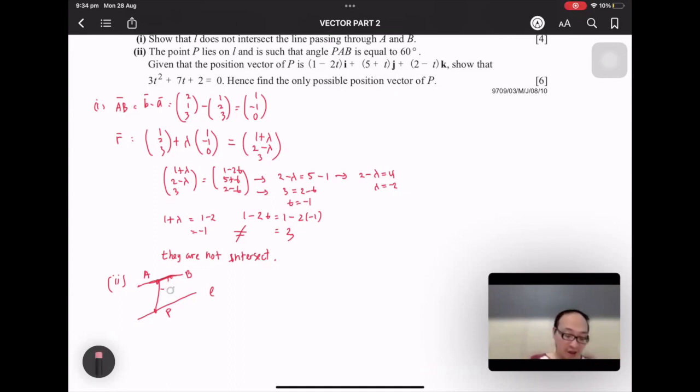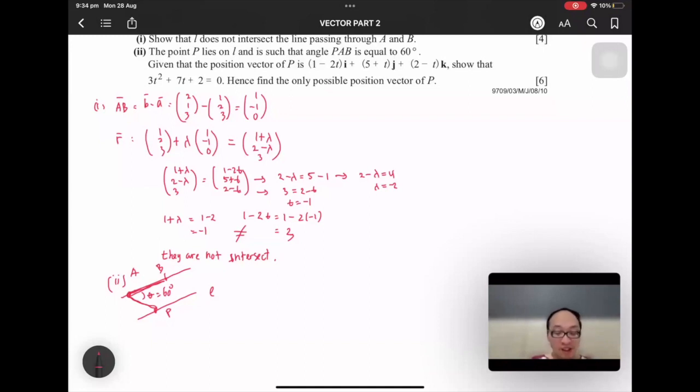This is obtuse here. This is only a sketch, but I will try to fix it so it can be seen as 60 degrees. But actually, the sketch does not really matter. So theta is equal to 60 degrees.